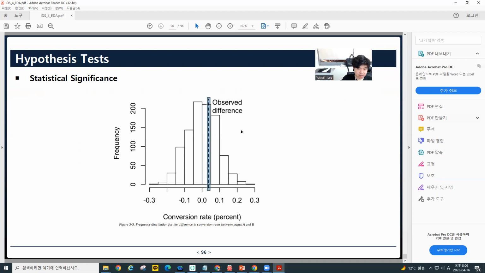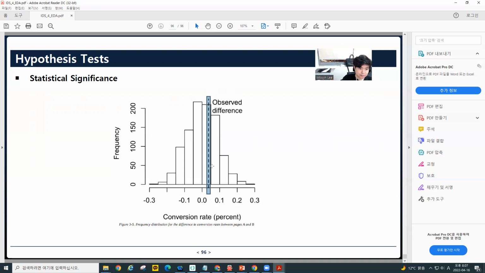If this line were about here, we could say that the two conversion rates between page A and B can be really different, because this kind of difference is very hard to get by randomness. However, since this difference is here, we can say that this is not so. It is very easy to get from randomness.